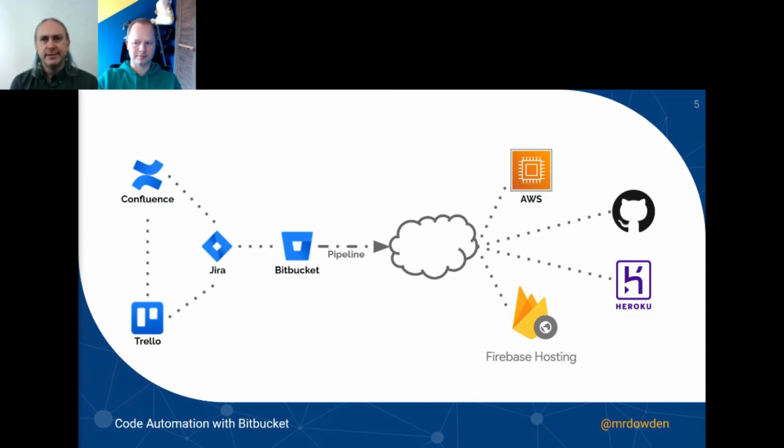I don't know what the exact total is right now. We have about a dozen different products that are in various stages of life cycle, from early development all the way through mature applications that have been out for years. And all of our systems run in something that looks very much like this. Most of our products are deployed to either Firebase hosting or Heroku, some things to AWS. And we use this exact same system essentially for all of them.